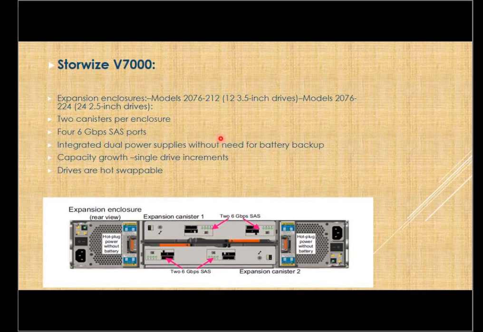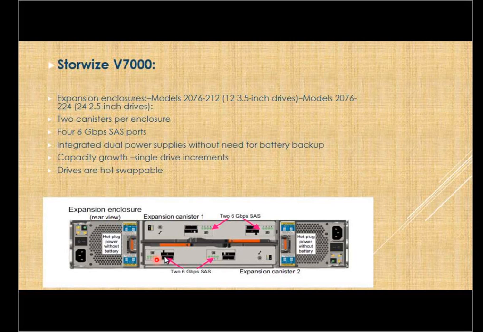Now let us look at the rear end of the expansion enclosure, how it looks like. Okay, so this is the rear end of the expansion enclosure. As I talked before, in this case we are going to have multiple expansion enclosures, right? In case of Storwize V7000, we need to have expansion enclosure connectivity. So that's the reason we have two SAS ports per node canister.